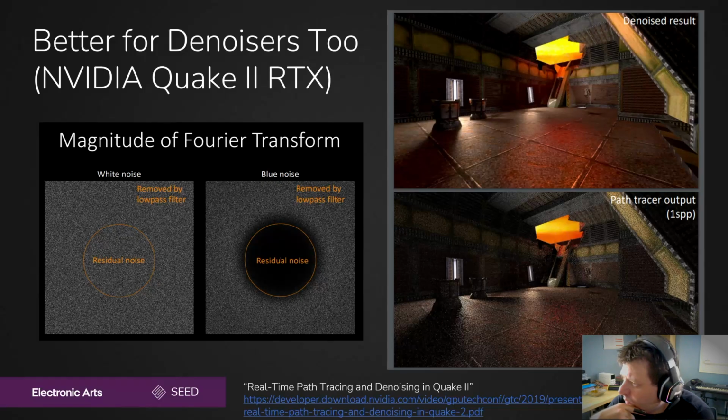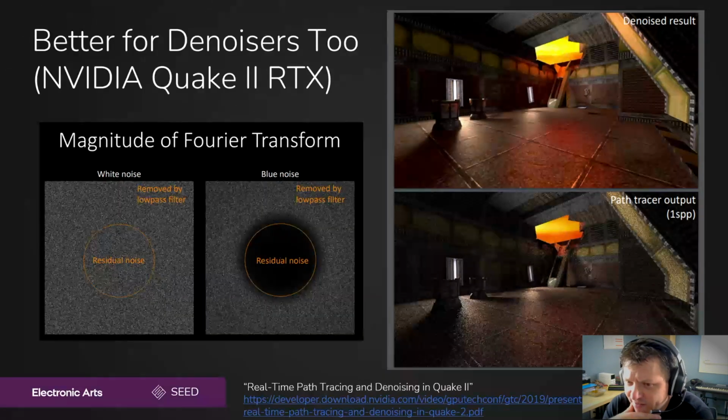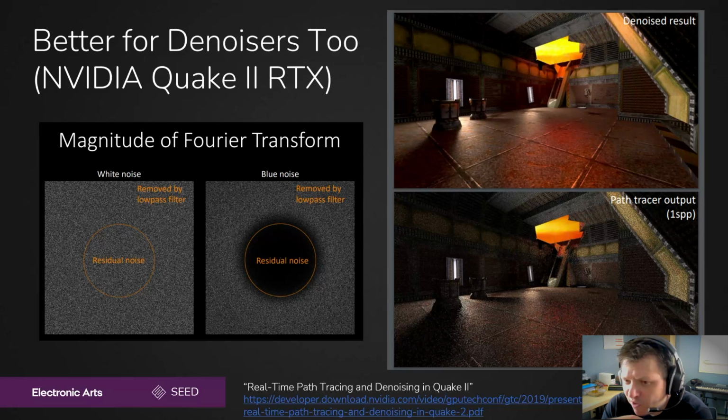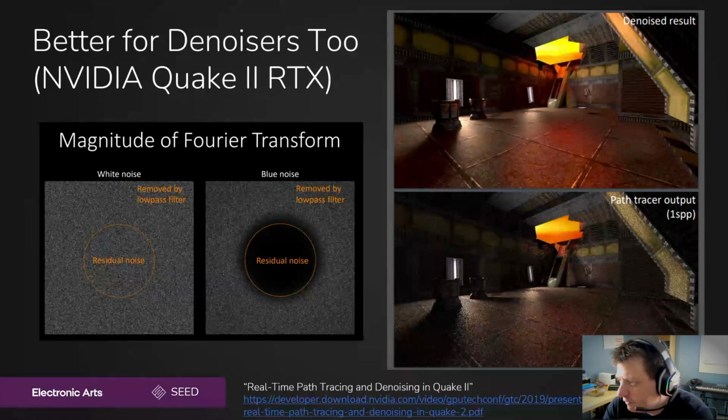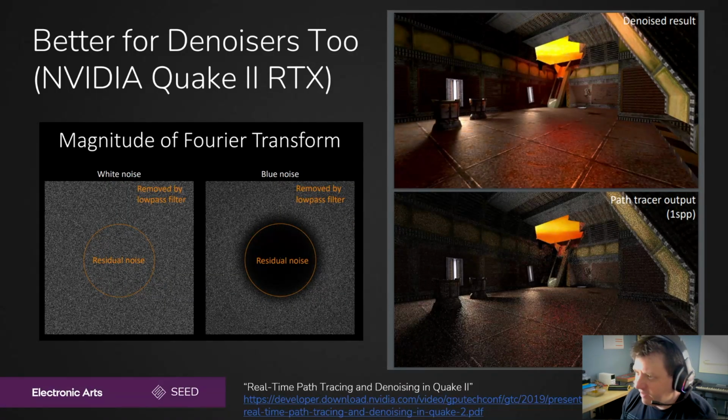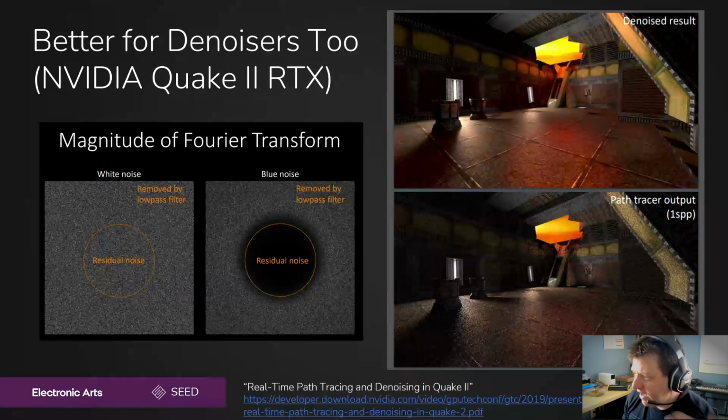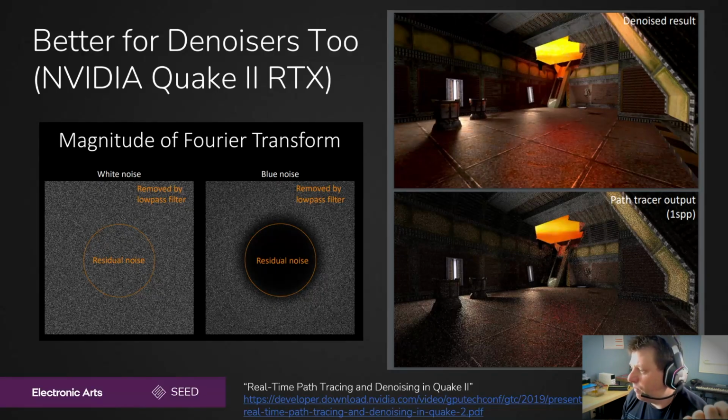Essentially, with blue noise, it's more correct in small groups of pixels, and the noise can be isolated in frequency space away from the image. And so these are things that are useful to denoisers to be able to give you a better result. And so, yeah, that's why Quake 2 RTX had a lot better results when they were using blue noise instead of white noise, which you can see in their presentation.